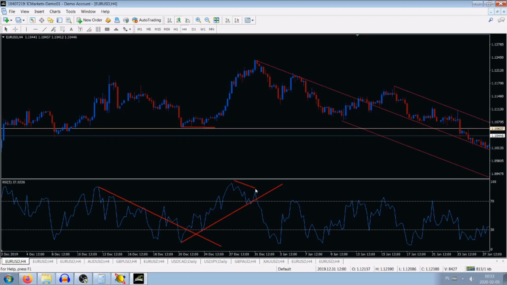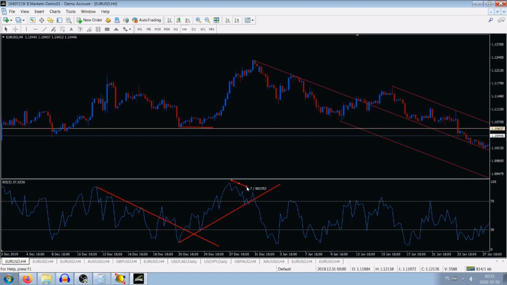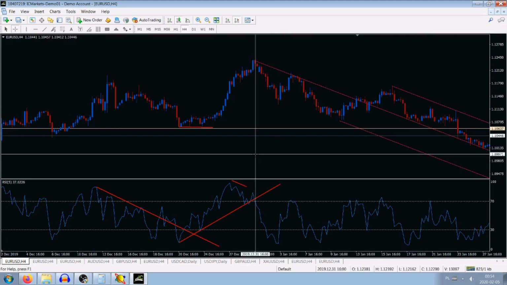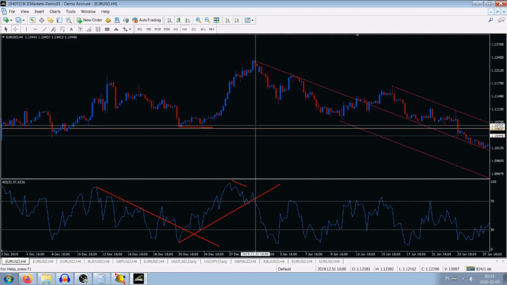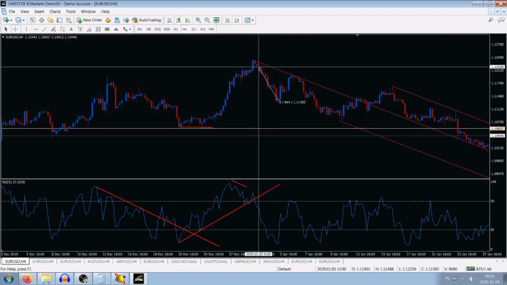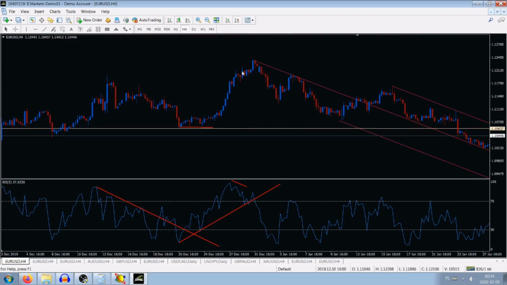As we see that the price starts falling here, for us it is the sign that the market is weakening, and soon a correction will happen, which took place after breaking this line. The price started falling, only 85 pips, but it's enough.